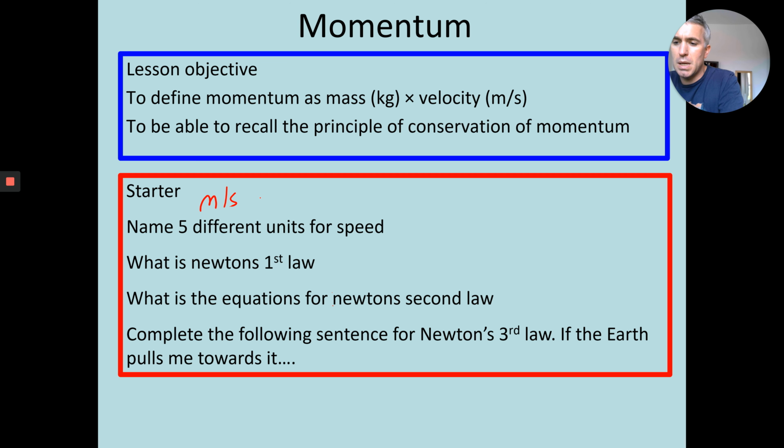Another one would be miles per hour. Another one, we could have kilometers per second, centimeters per second, millimeters per second, or kilometers per day. As long as we have a distance and then a time, we'll be fine.